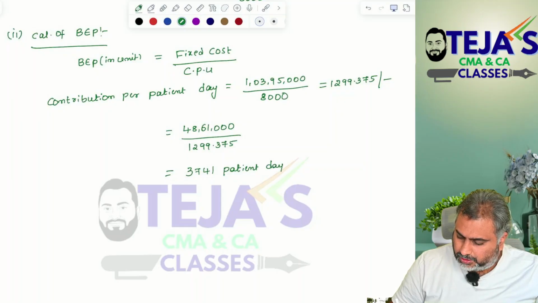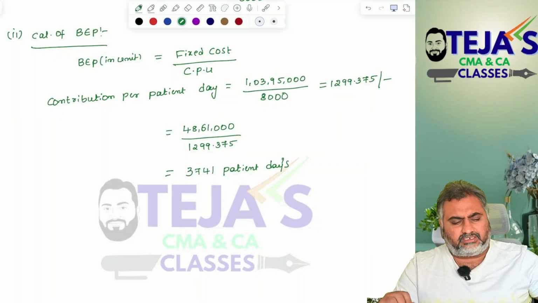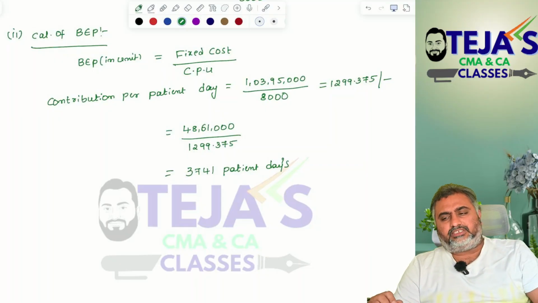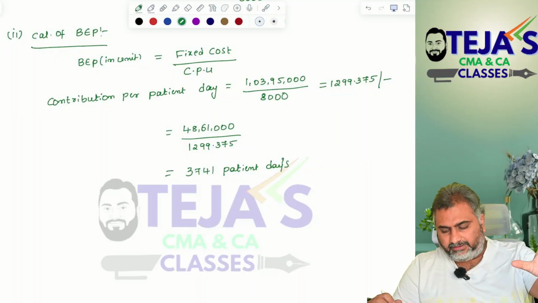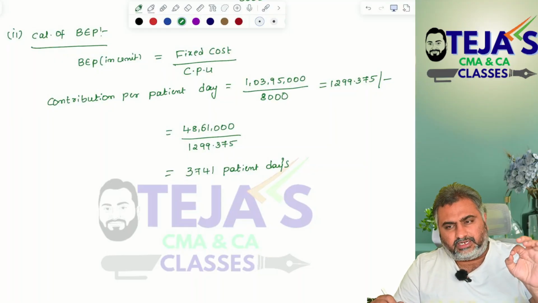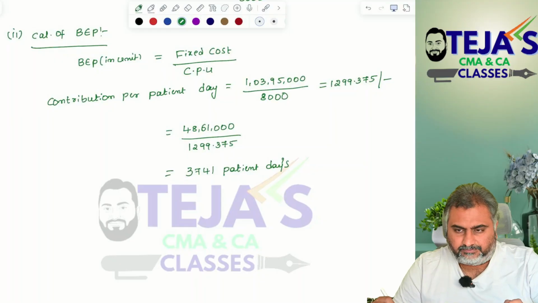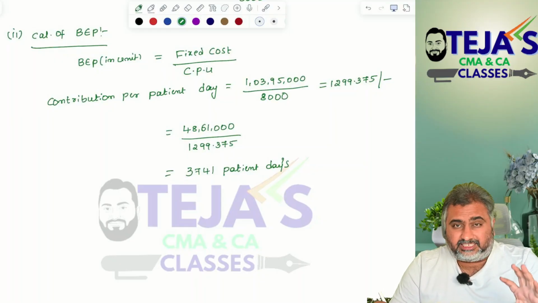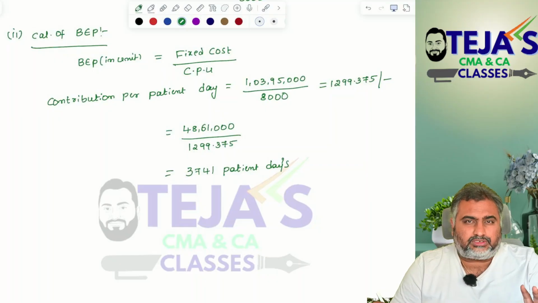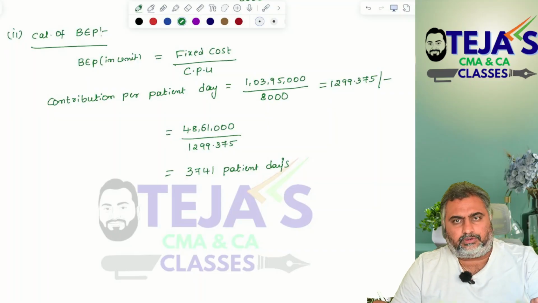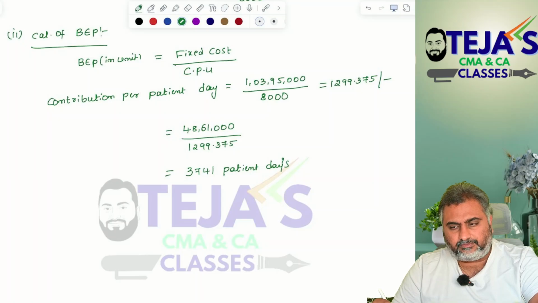See, out of 8,000 patient days, we are able to reach our break-even point by 3,741 patient days itself. Got it? And especially the last two questions are very, very important from the examination point of view. Please concentrate on those two concepts. Okay?